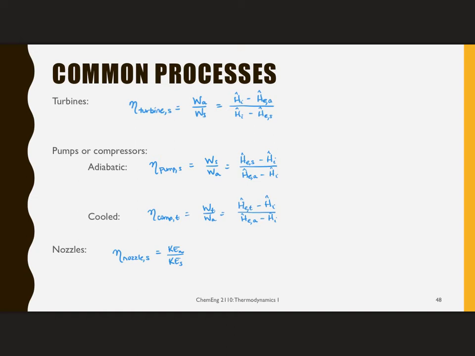In this case, it's 1/2 the actual exit velocity squared over 1/2 the ideal exit velocity squared. Of course, those 1/2s can cancel, the squares cannot, so we end up with the ratio of the actual velocity to the ideal velocity squared being the nozzle efficiency.